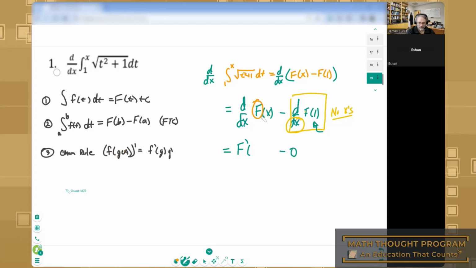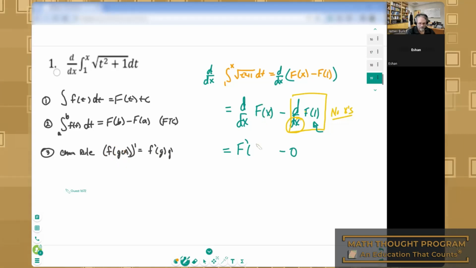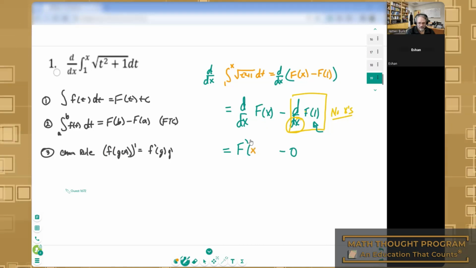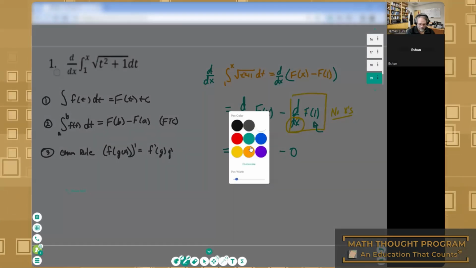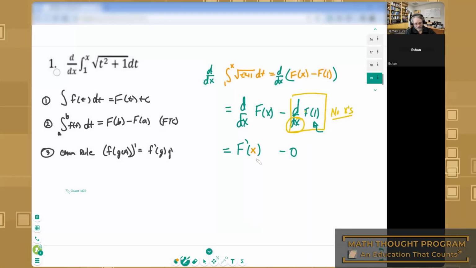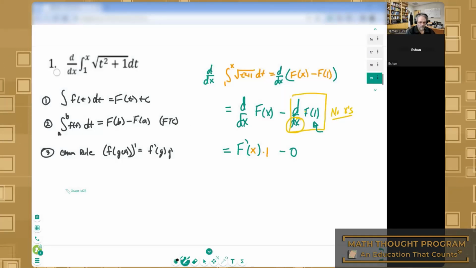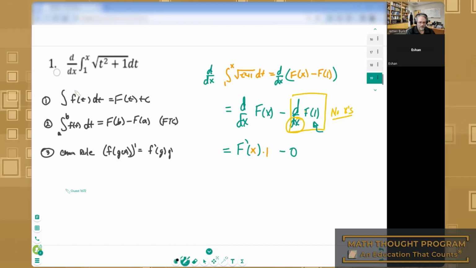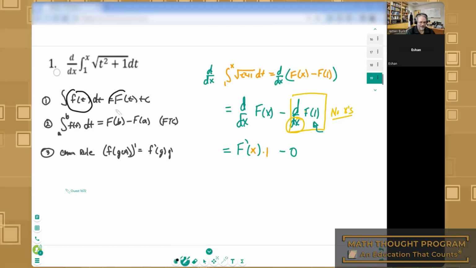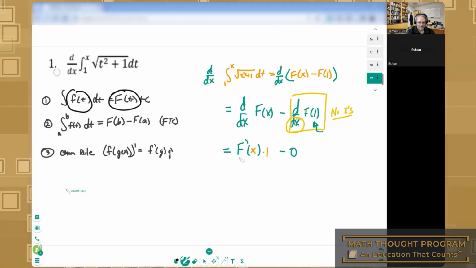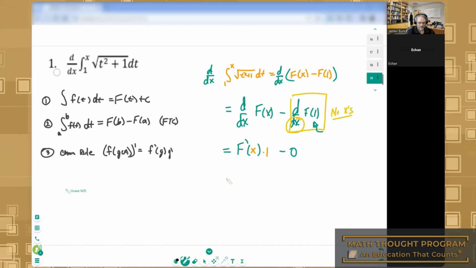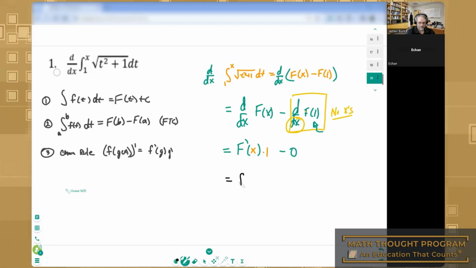So I would say capital F derivative, plug in g, then I would calculate the derivative of the x, which is going to be 1. But hold the phone. Remember the relationship between your integrand and your antiderivative. If you take the derivative of your antiderivative, you're back to where you started.